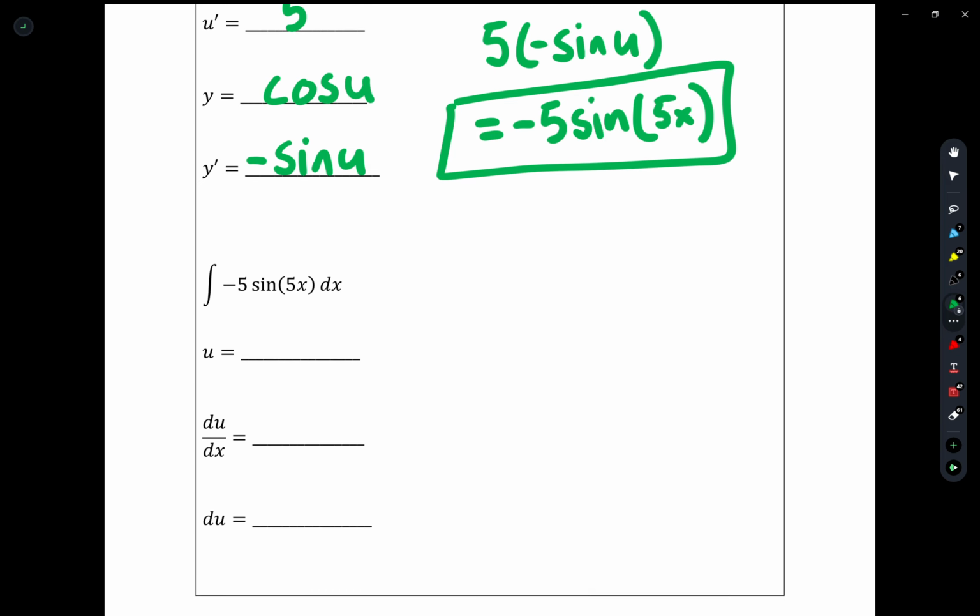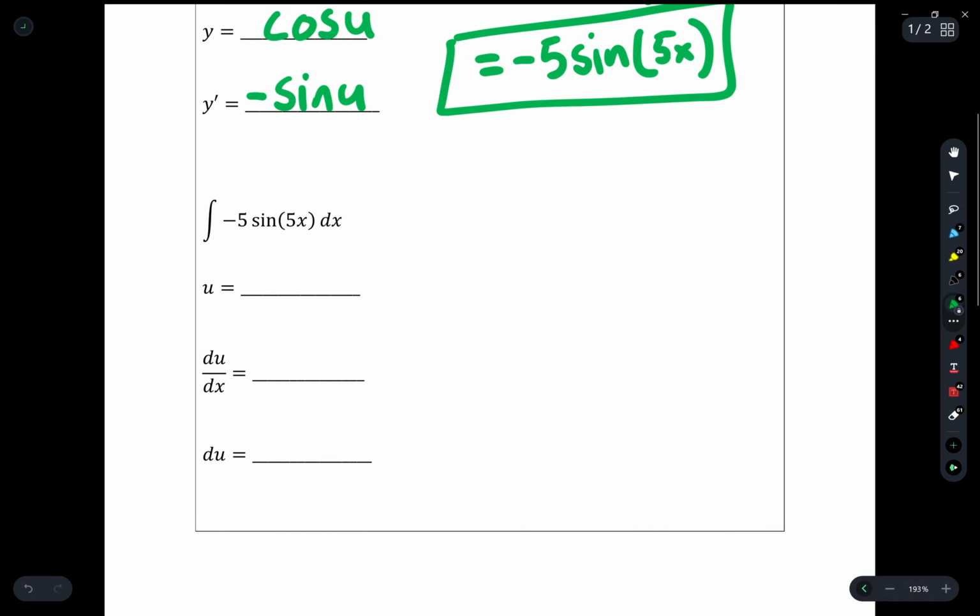When you have U substitution, what you want to do is either look for things that you can take the derivative of and then the derivative is there, or what I like to do is look at the craziest, the hardest thing that's there. Here, the craziest thing going on is probably that 5x, so that's going to be our u.